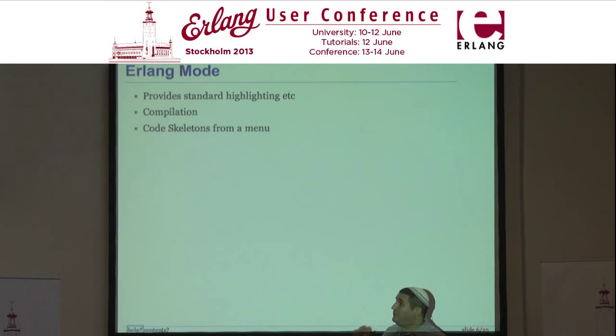Also, if you type your module name, and the module name doesn't match the file name, when you hit save, it'll say, hey, your module doesn't match the file name. You want me to change it for you? You click yes, and it fixes it, which is really great. I just type module A, save, and then it fixes it to the file name. So it's a really nice start, but it necessarily doesn't do everything I would want.